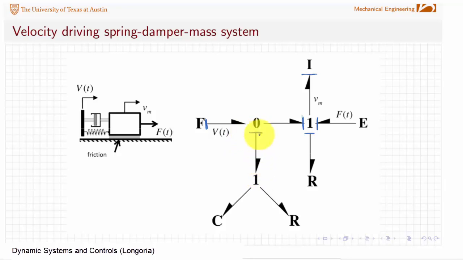We have one bond here that must specify effort. In doing this, now we've completed the causality here and now imposed the flow on this one junction, which means both of these bonds have to be flow coming out or efforts, right? Again, independent because they have integral causality.